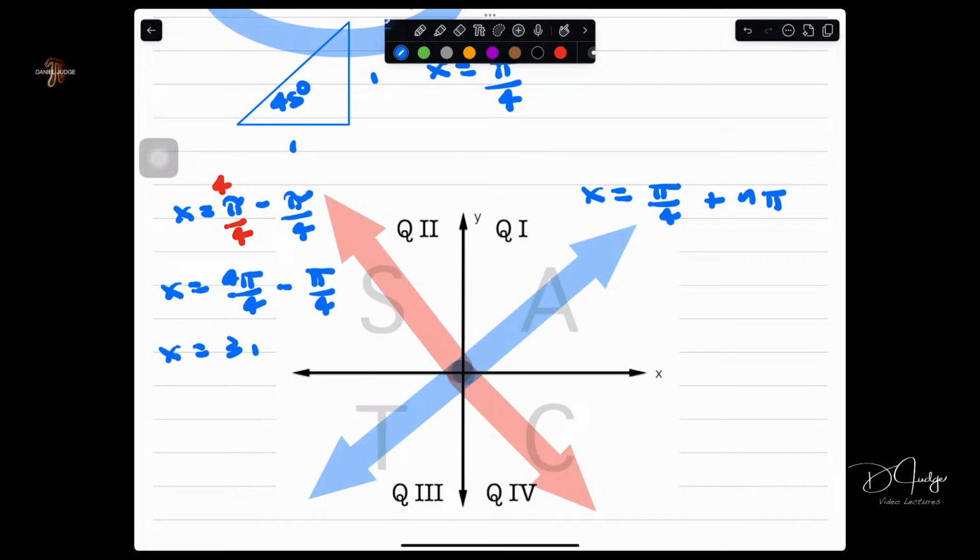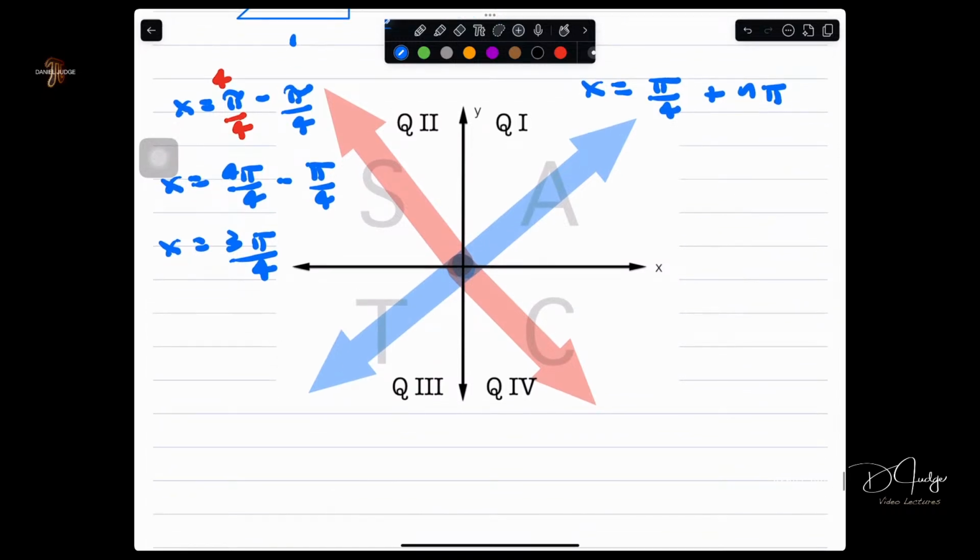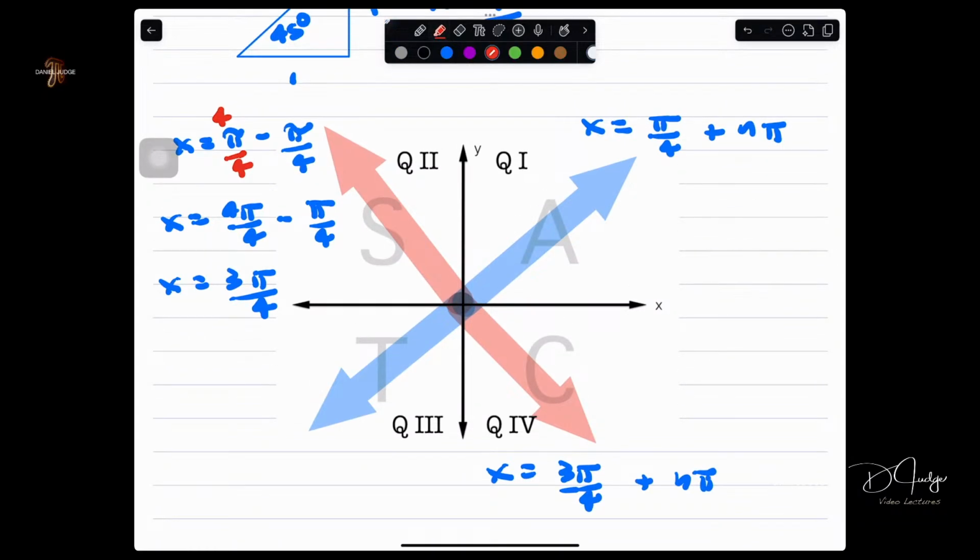And that first negative angle will be 3 pi over 4. But we have the opposite quadrant solution. So you'll have x is 3 pi over 4 plus n pi here. So this is in blue where tangent is, I should say, positive 1. And then in red, this is tangent being negative 1. So those are the two solutions.